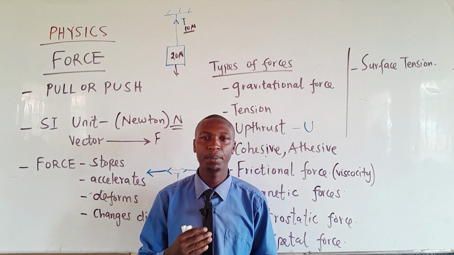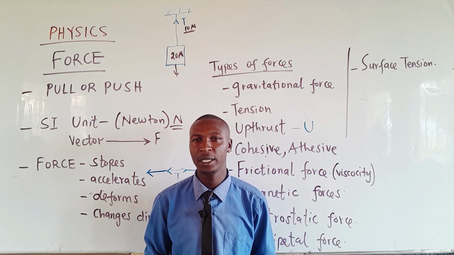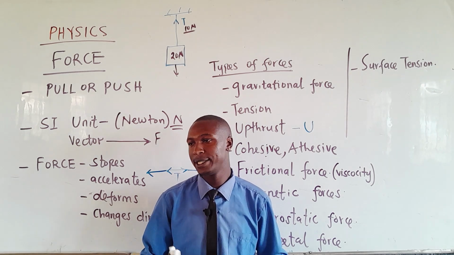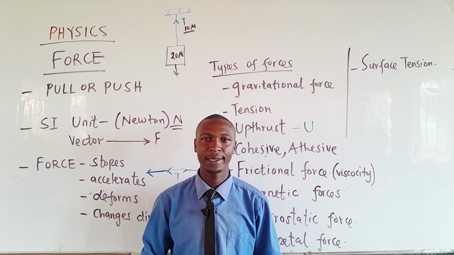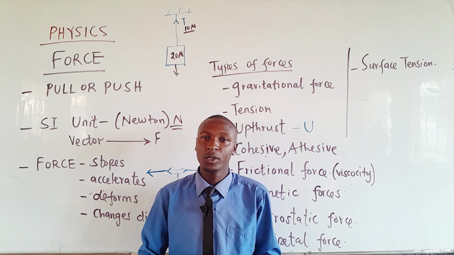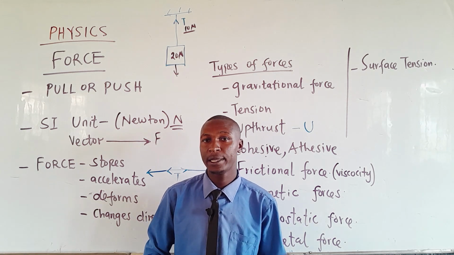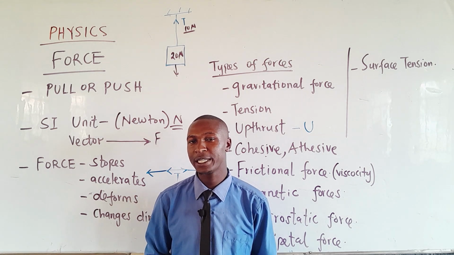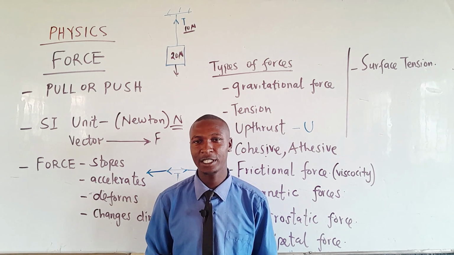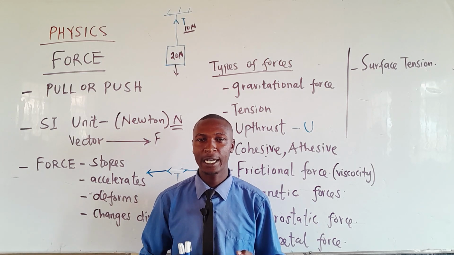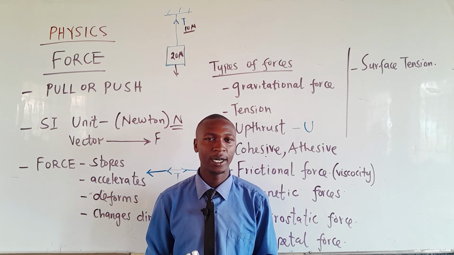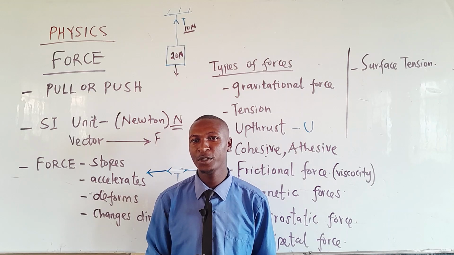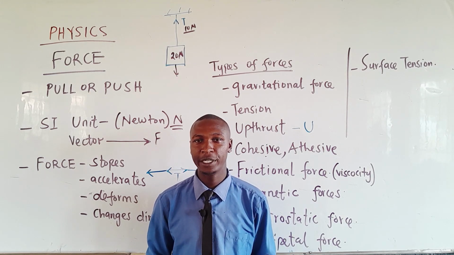We have so many applications of this surface tension, including that aquatic animals like insects can walk on water because of surface tension. The moment it's broken, then they can sink because we have broken surface tension. There are also ways of increasing or reducing surface tension: increasing the temperature will reduce the surface tension, and also adding impurities will reduce surface tension.